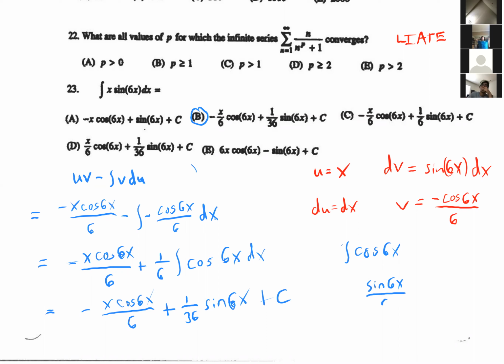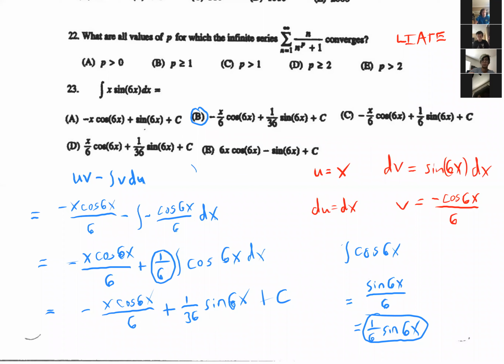But if you don't remember the rule, you could do this one using u substitution. And then I can write this as 1/6 times sine of 6x. And when I multiply this by the 1/6 in the front, I get 1 over 36. Thanks.